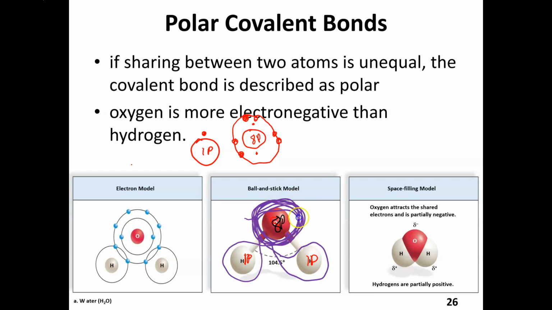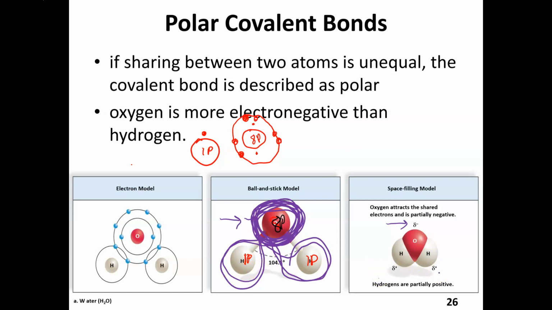You see how it's staying up here? What that's doing is it actually causes the oxygen to be partially negatively charged because the electrons are sitting so close. So that gives this partial negative charge to the oxygen, and because they stay away from the hydrogens, we get these partial positive charges.